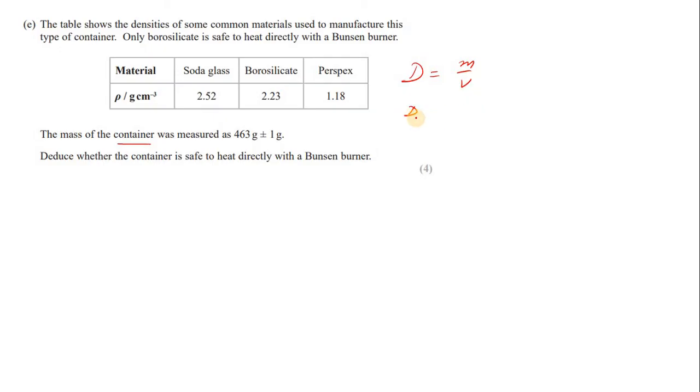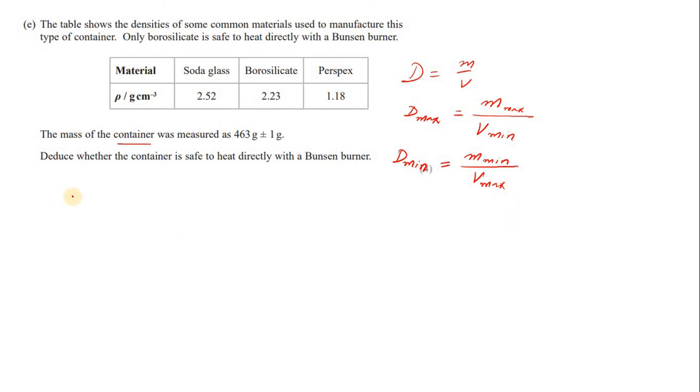So this density will be max if mass is max divided by volume minimum. And the minimum density will be when mass is minimum and volume is maximum.